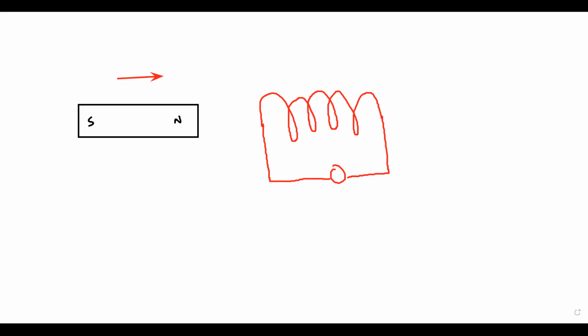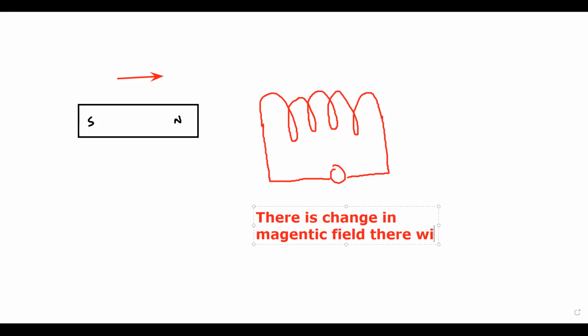As we are moving the magnet towards, there is a change in the magnetic field. And due to this change in magnetic field, there will be current or EMF in the coil.